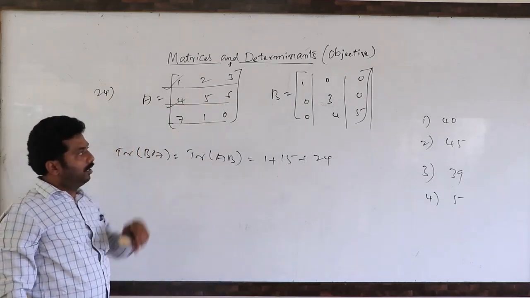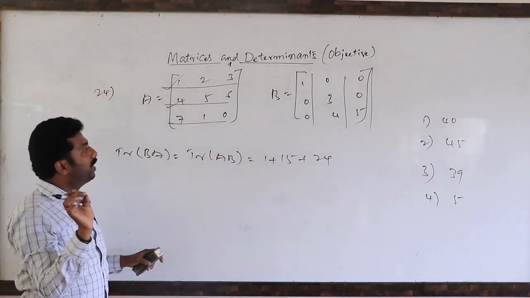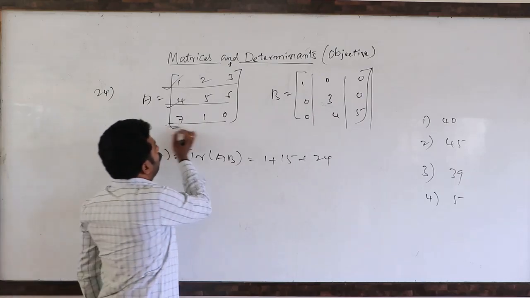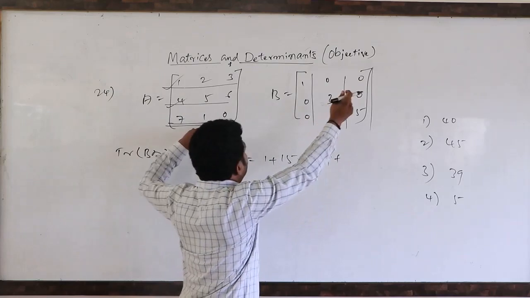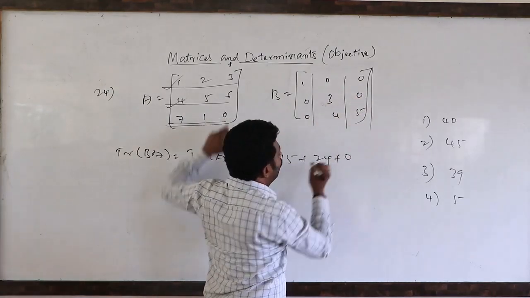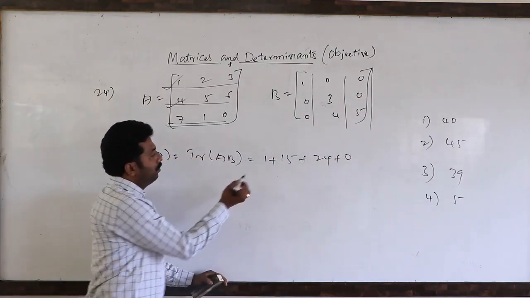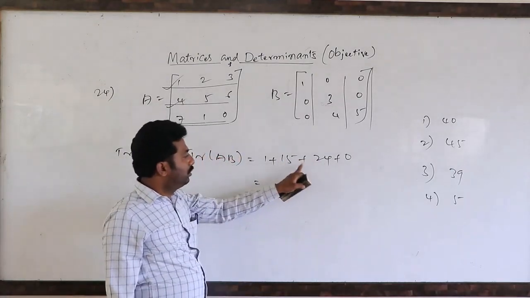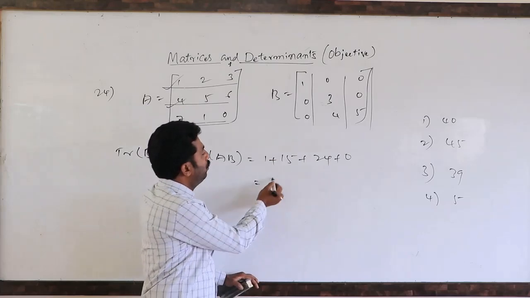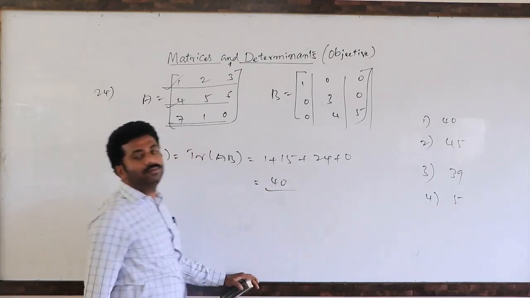Third row, third column: 7 into 0, 1 into 0, 0 into 5, it is completely 0. So how much is it? 24, 34, 39, 40. So 40 will be the answer.